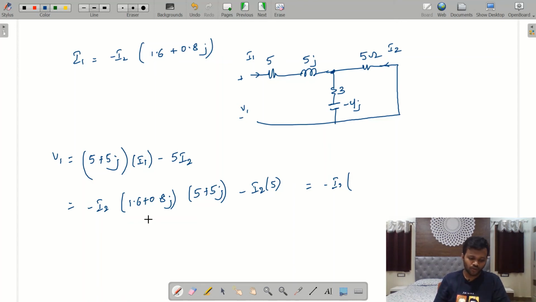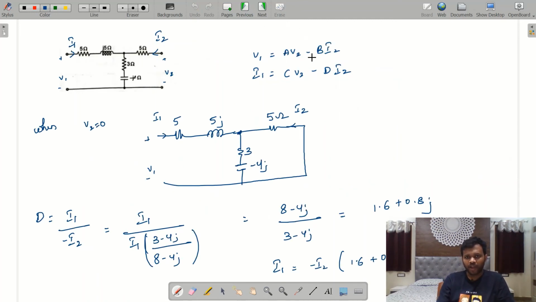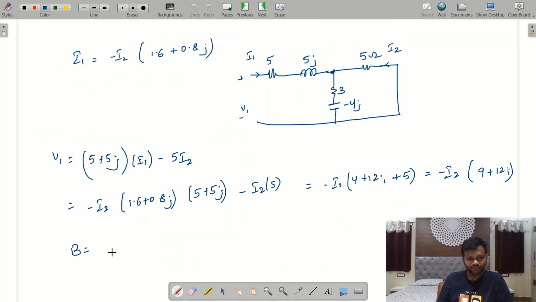So you will get 4 plus 12j plus 5, which will be minus I2 into 9 plus 12j. And what is the B parameter? B equal to V1 by minus I2, which will be 9 plus 12j.